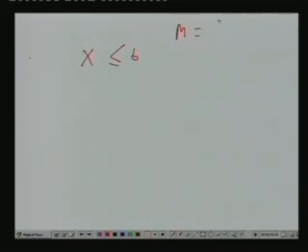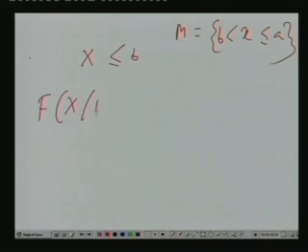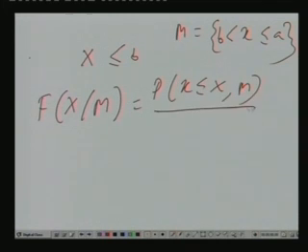Our m is giving us this, and what is the intersection here? Capital X is less than equal to b, whereas m corresponds to those x which lie in this range greater than b less than equal to a. So, intersection is phi, empty, for which probability is 0. So, clearly this will be 0.